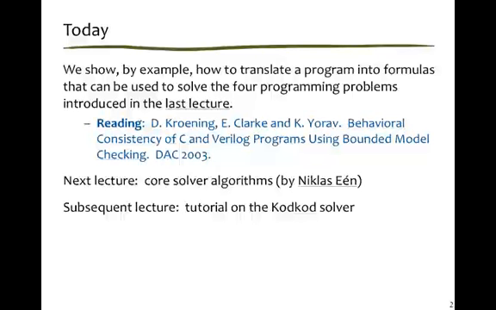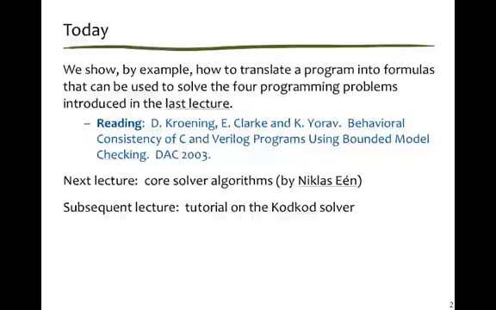So in the last lecture, we stayed at the user level, right? What does the user see, and what can the user do when he has a solver in the loop in his IDE? Today we're going one level below to see what kind of capabilities the solvers offer.